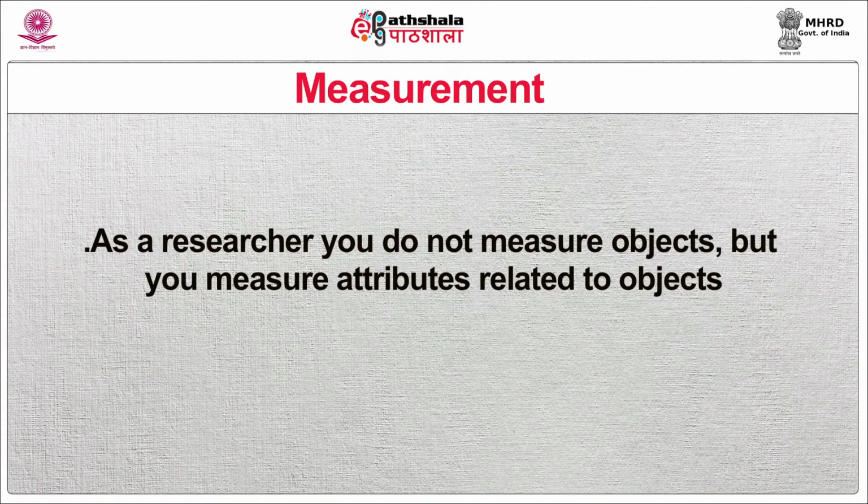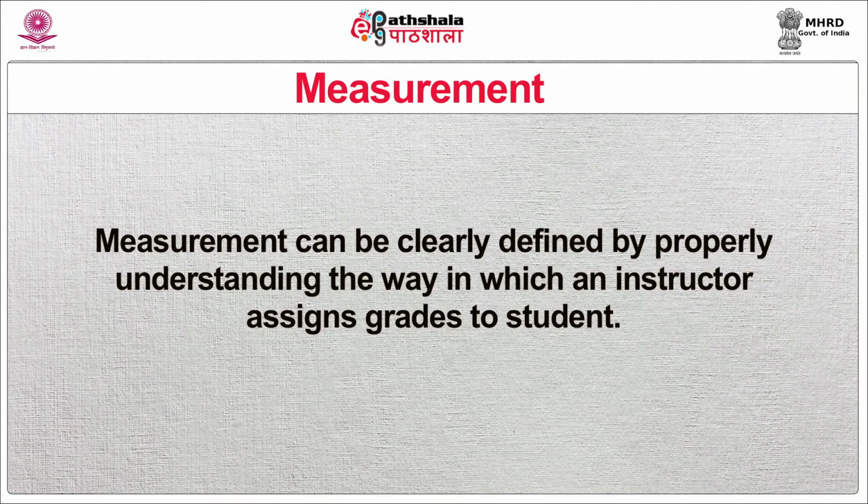As a researcher, you do not measure objects, but you measure attributes related to objects. Similarly, a researcher measures the sales of the company. Sales are the attributes of the object, that is the company. Measurement can be clearly defined by properly understanding the way in which an instructor assigns grades to the students.